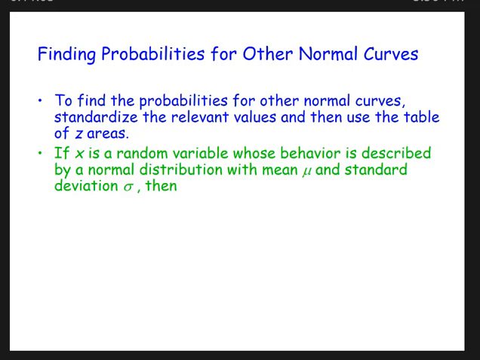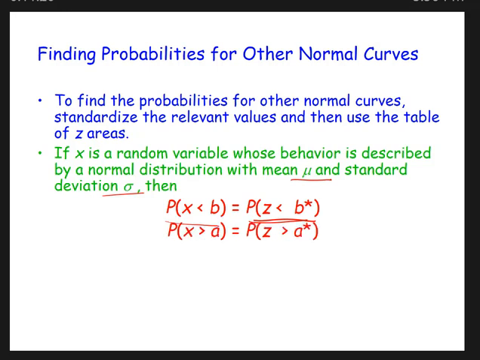If x is a random variable whose behavior is described knowing its mean and its standard deviation, then we can actually find the probability of x being less than a certain value by using the z-score of that value and then using that standard normal distribution. Same for greater than or in between.